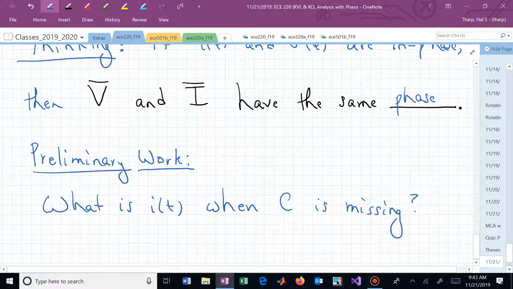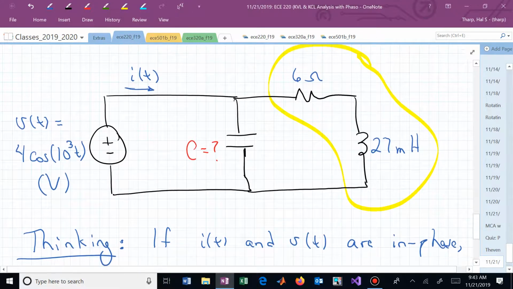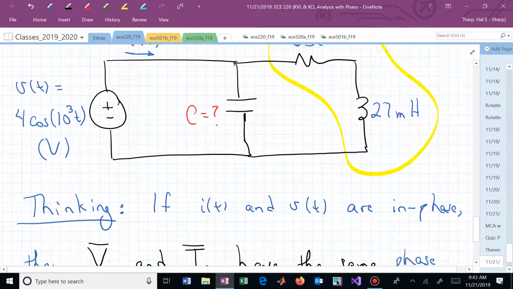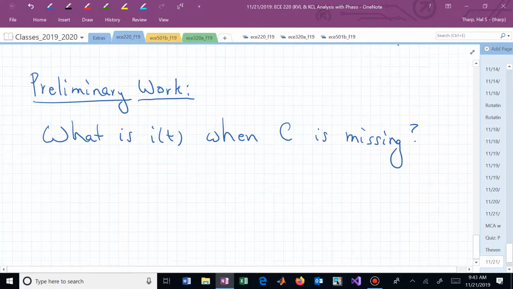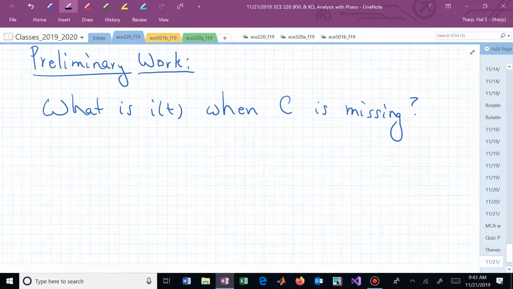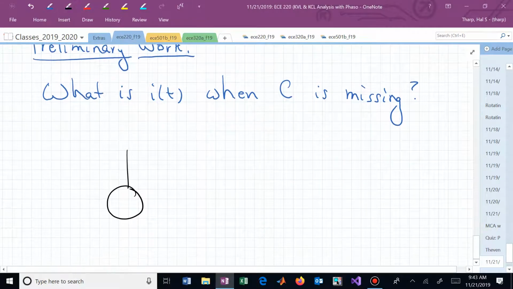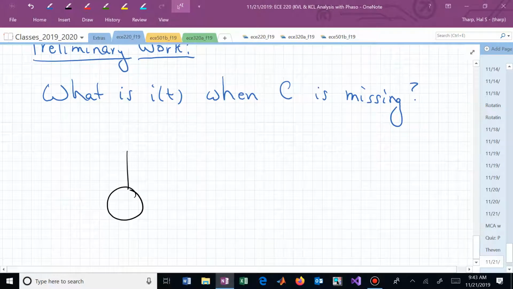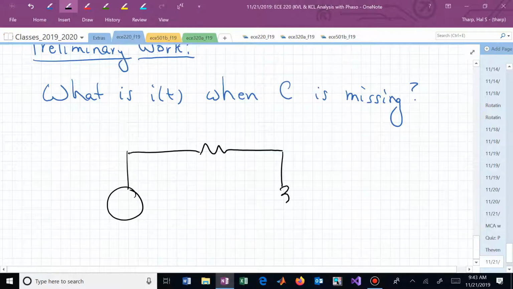If you're asked this question and you go, I'm not sure how to analyze that, well then let's make it easier by removing the capacitor. If we remove the capacitor, what's the circuit look like in the frequency domain? Have we changed the circuit completely? Structurally, it's going to look the same. It's just we don't have that capacitor.